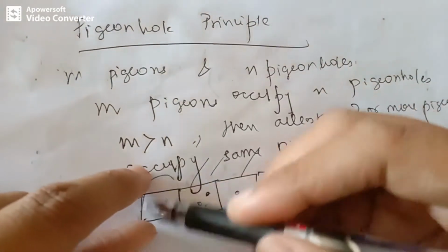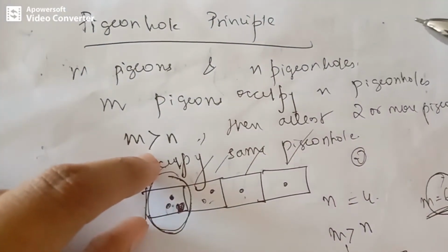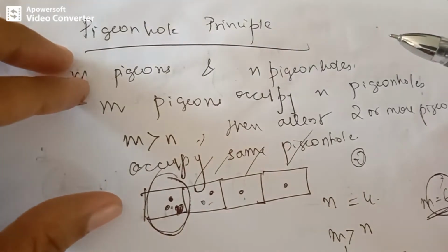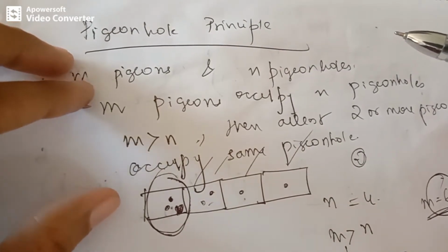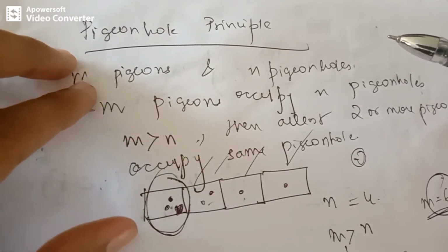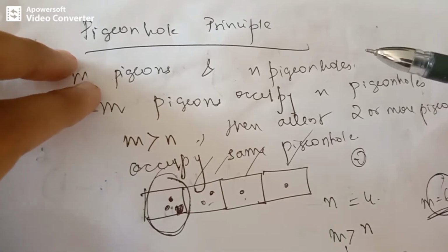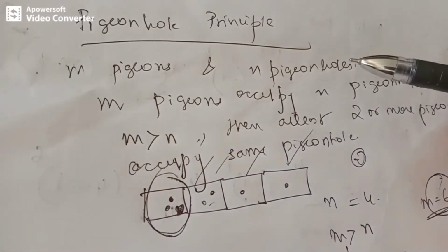So at the minimum, one pigeonhole will contain 2 or more pigeons. That is the concept of the pigeonhole principle. Its application lies in the problems, where you will find out in how many ways it can be used. This concept is very useful in real life.